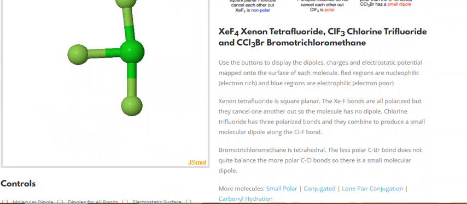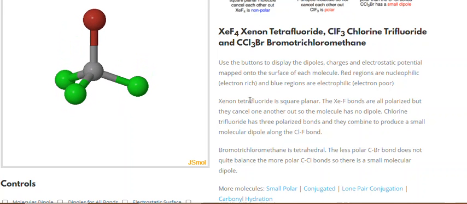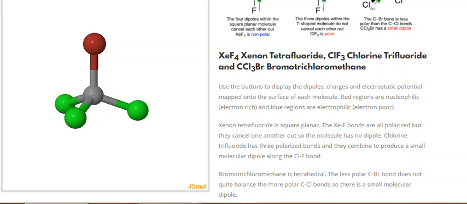Red regions are nucleophilic regions and blue regions are electrophilic regions. Xenon tetrafluoride is square planar, and its bonds are all polarized but they cancel one another, so the molecule has no dipole.